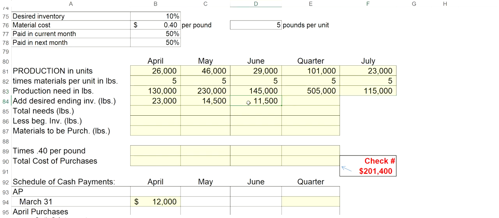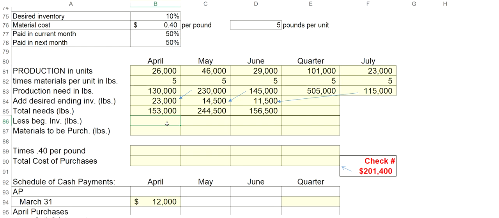Okay, I'm going to draw some arrows in just to point where we got the numbers from. And again, notice that it is 10%, skip the quarter, go out to July. Okay, I will add the last two numbers together for total needs. Now I'm going to come back to the quarter column at the end. Okay, so less beginning inventory.